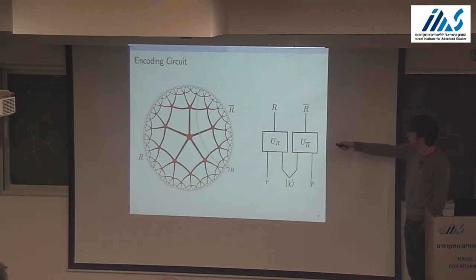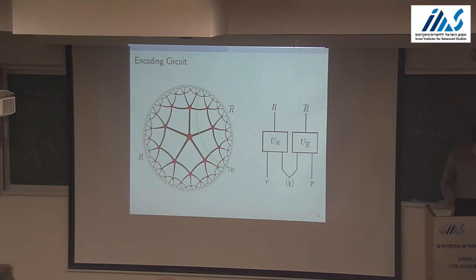And so this U_R is the chunk of the network sitting here, where you view the input as being all the red dots plus all of the lines coming out of the HRT surface. And the U_R bar is the network here, where the input, again, is all the red dots over here plus all the lines coming out of the HRT surface this way. Okay, and so this geometrizes this quantum circuit picture.